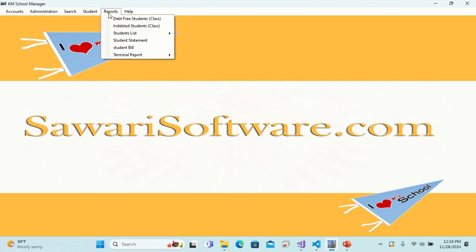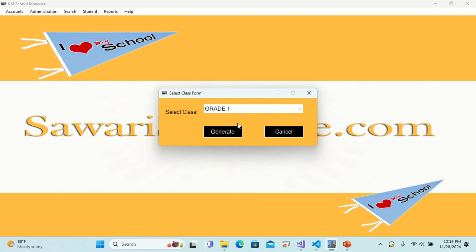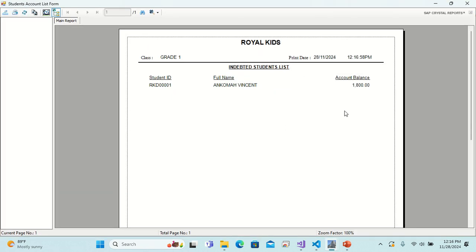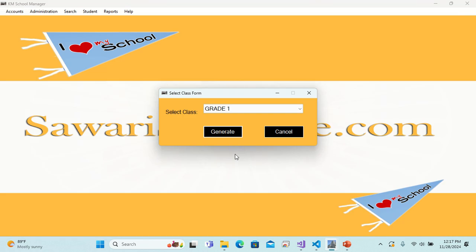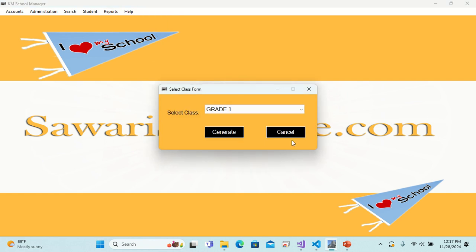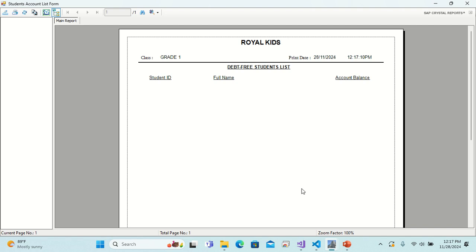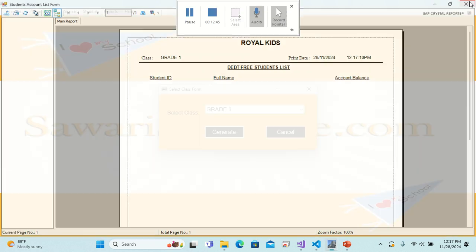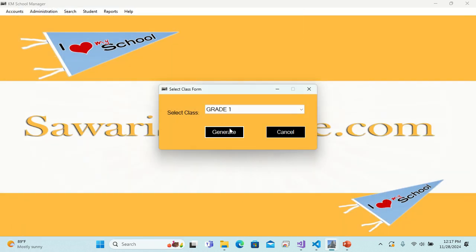Okay, so you have a list here under reports to show students who owe. You have to select the class and you see the students who owe with their balances. Okay, then you also have another list on top which will show you students who don't owe. Like if I choose this class, students who have finished paying, they'll come up, right?